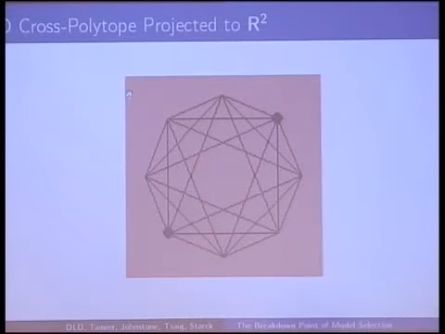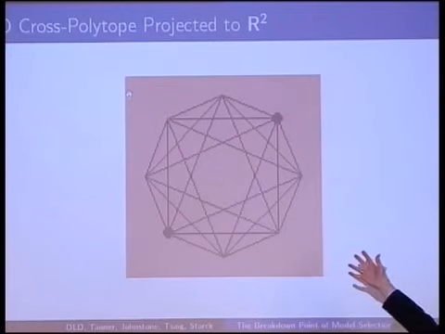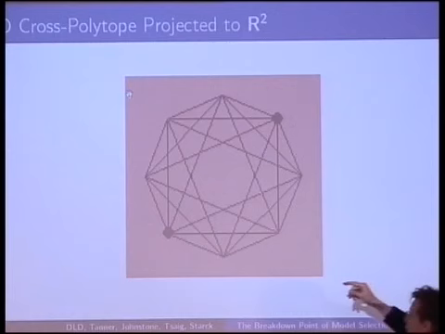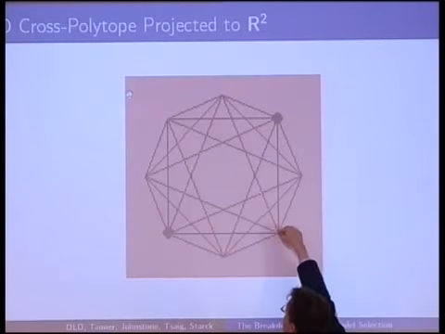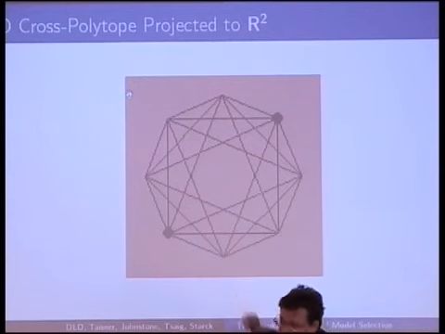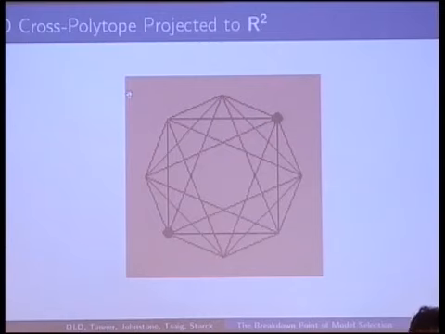So if we took a 4D cross polytope and project it down to R2, an image in a certain viewpoint would look like this. You see that some vertices are mapped down to vertices. Some edges are mapped down to edges. Some edges are mapped down in such a way they're no longer edges because they cross inside and they're just ghost edges.